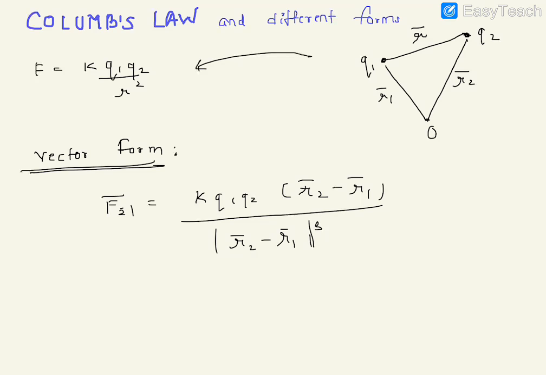One thing which I wish to bring to your attention is that r2 bar and r1 bar are vectors, and they need to be subtracted vectorially. This is something we usually don't focus on.